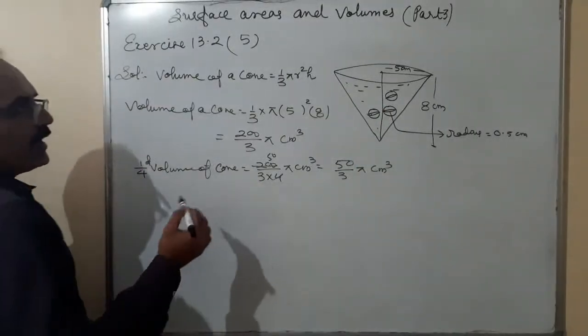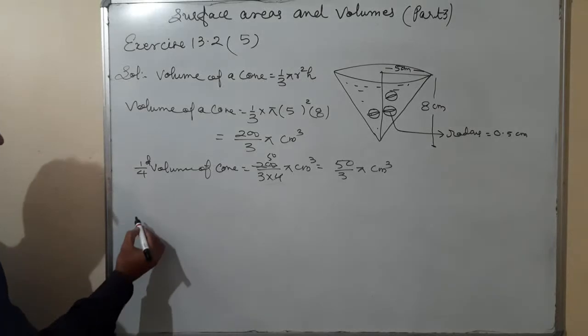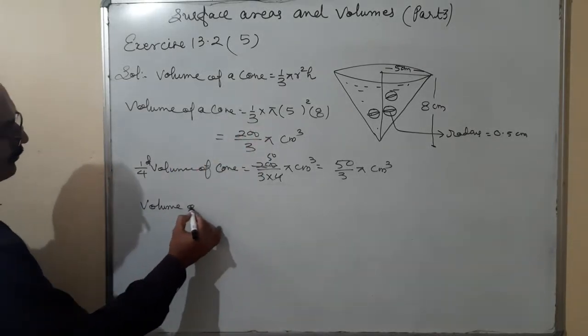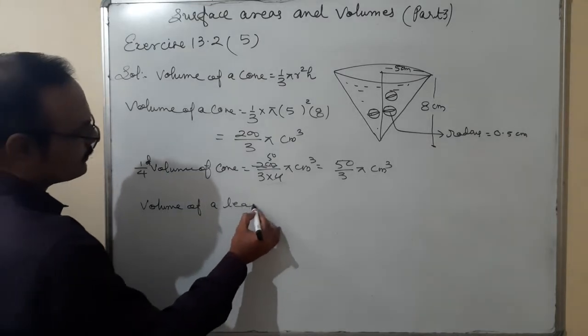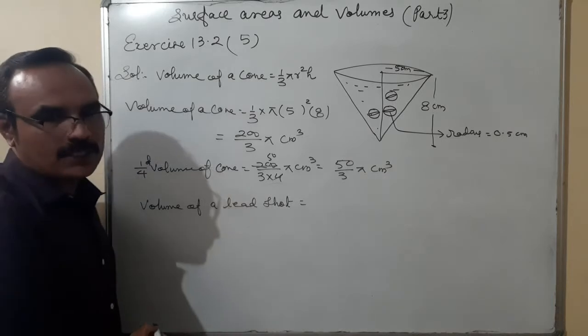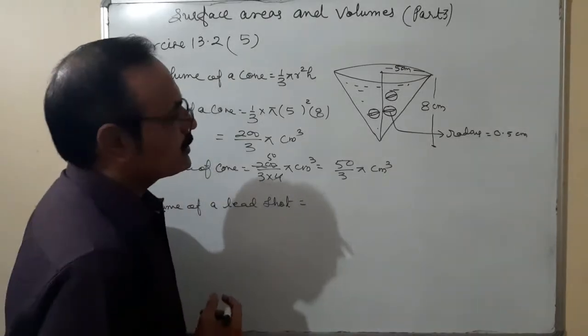After that, as given, now we are going to find the volume of a lead shot. A lead shot is in the shape of a sphere.